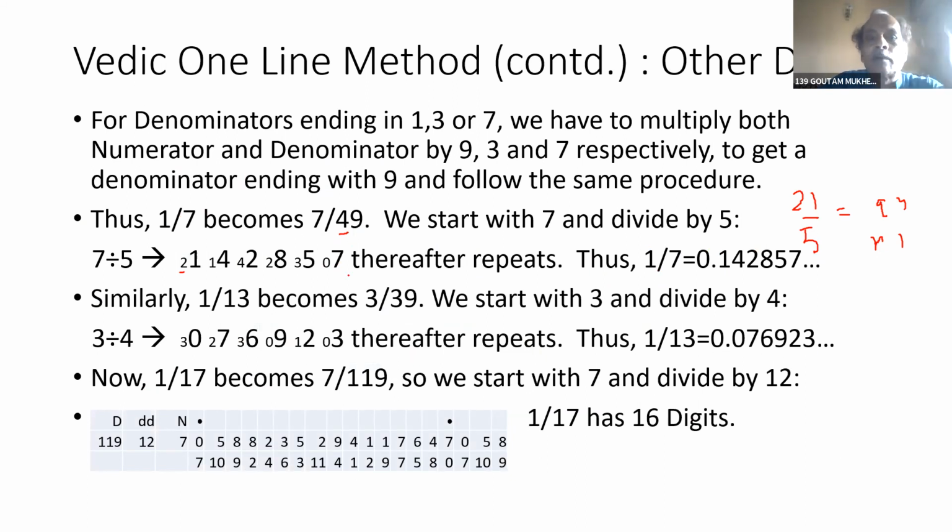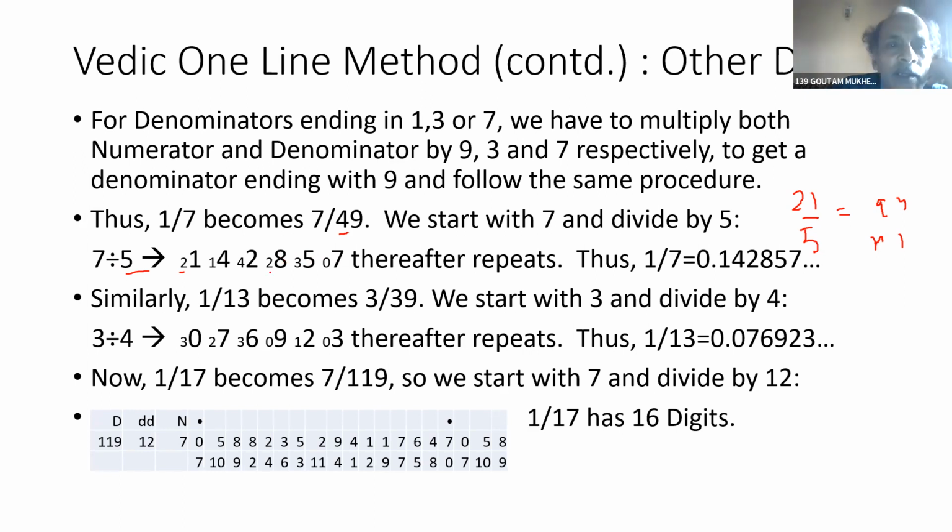We have to keep that in mind. So I start with 7 in case of 1 by 7. 7 multiplied by 5 becomes 35. 5 I write and 3 I carry. 5 into 5 is 25 plus this 3 is 28.